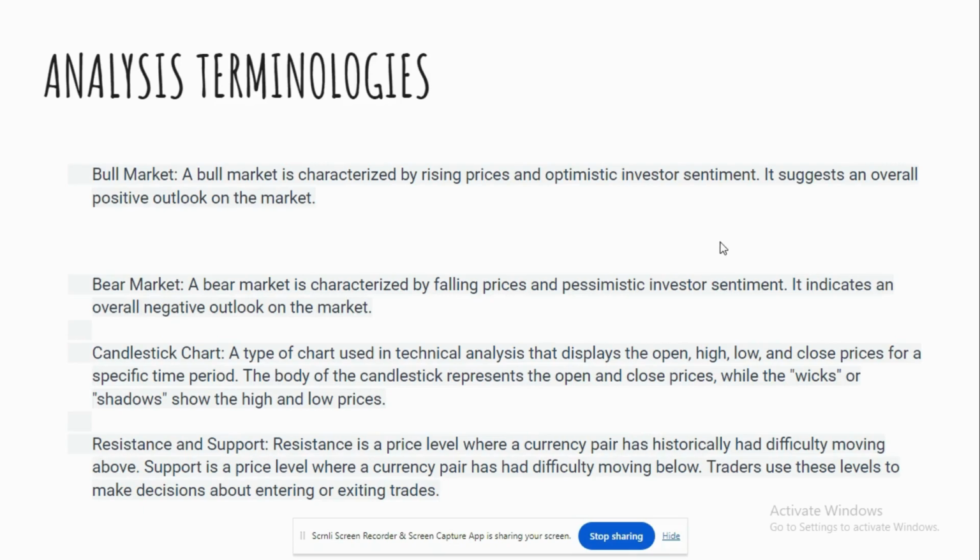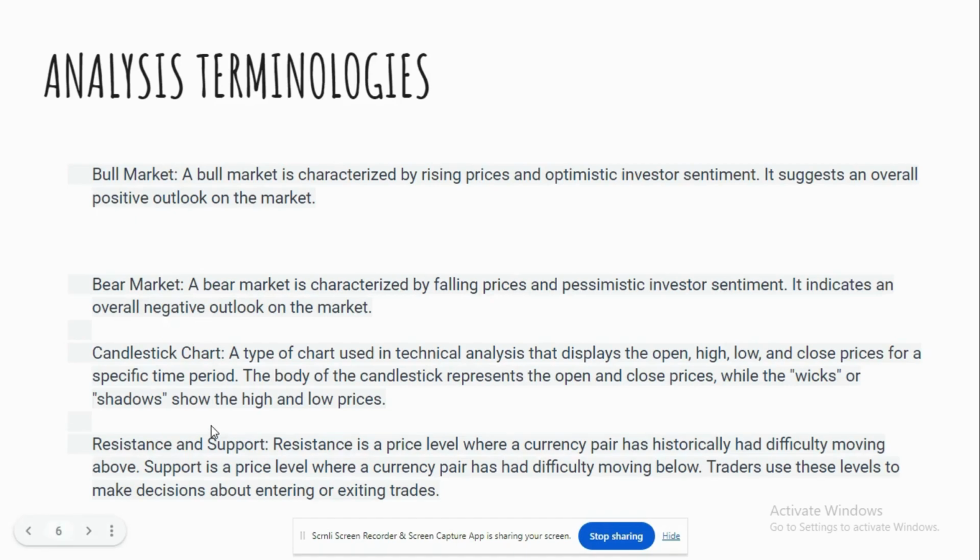My sentiment on GBP USD is that the US dollar is going to increase in value. Therefore, when the US dollar increases in value, GBP USD is going to be bearish. Bearish means it's going to be in a bear market. Bear market means it's going to be selling. All right, it indicates an overall negative outlook on the market.